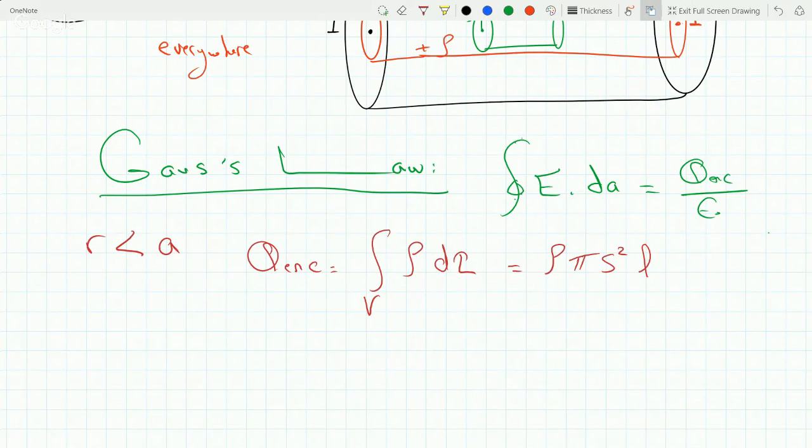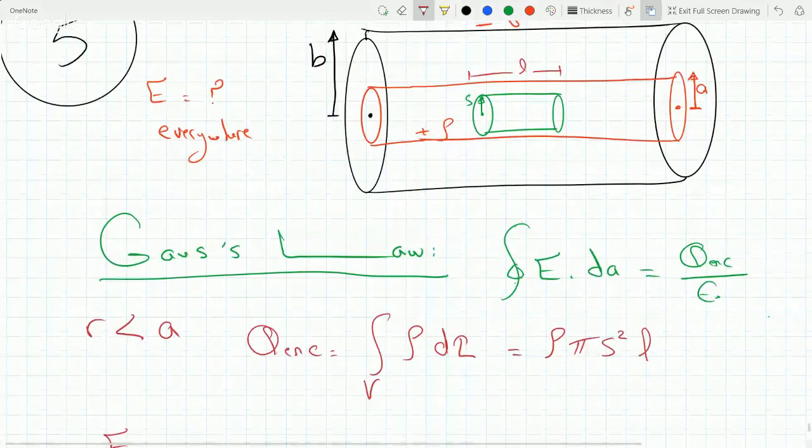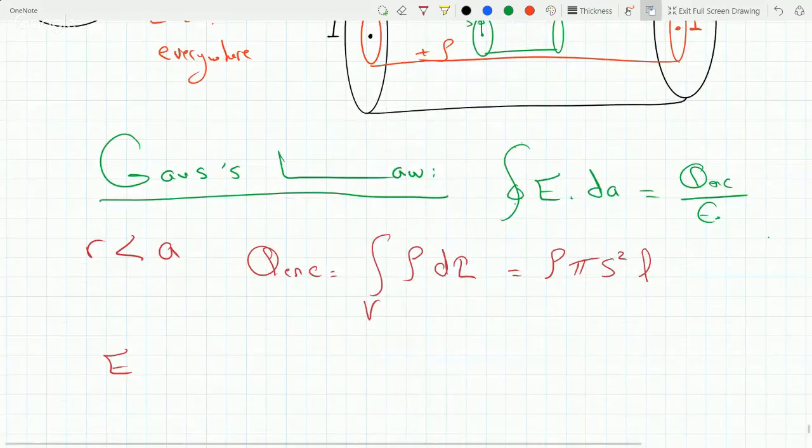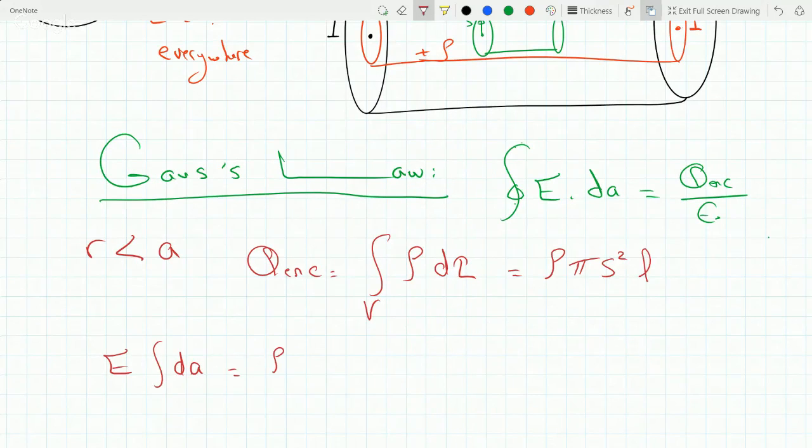If I put this in Gauss's law, I get the closed integral of E dA. The reason we can use Gauss's law is because we have symmetry. There's cylindrical symmetry, and so the ends don't contribute, but the curved surface of the cylinder does, and that enables me to take E outside the integral, so it becomes E times the integral of dA, which equals Q enclosed over epsilon.